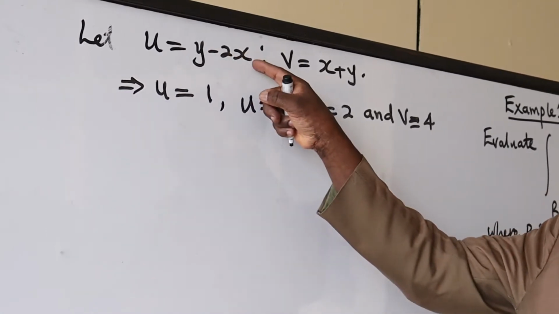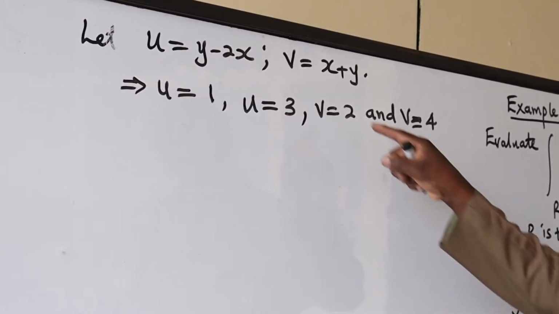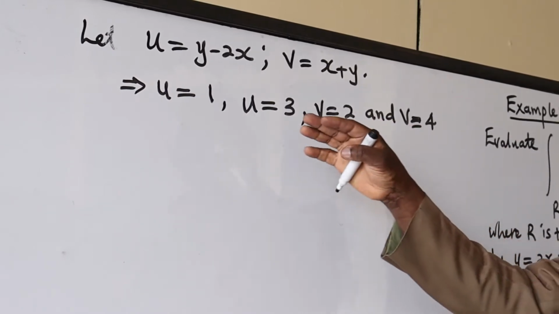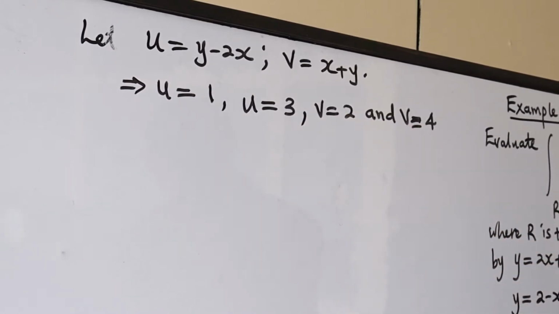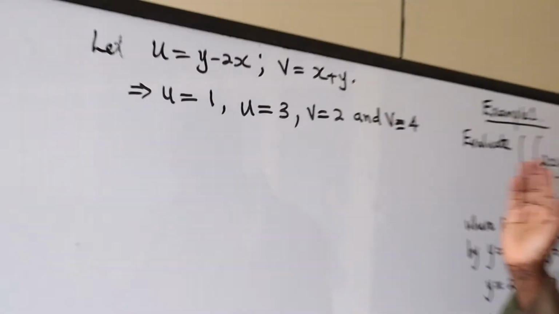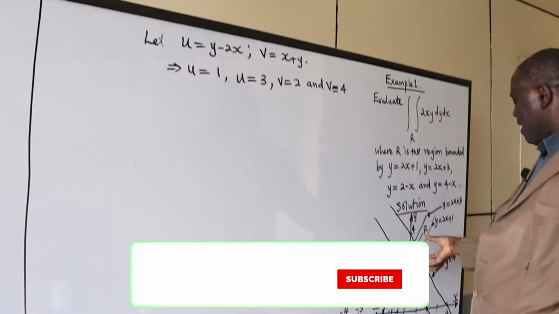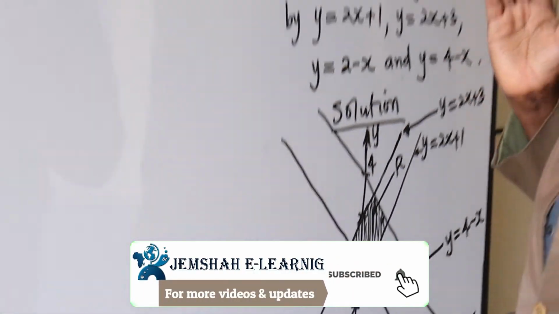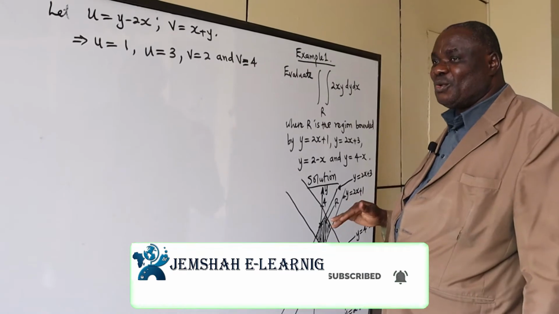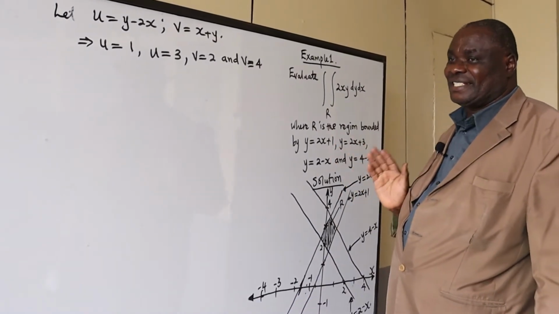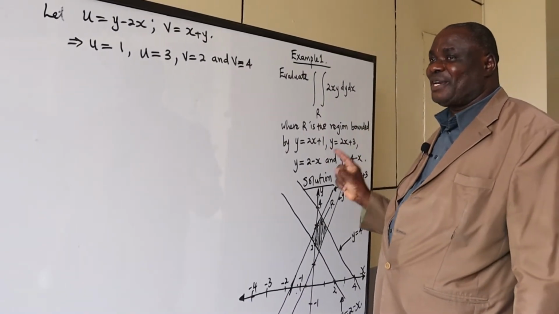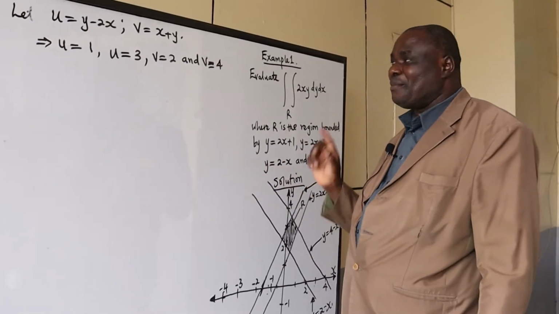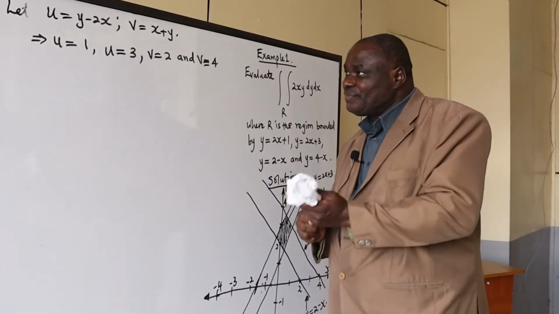So from here we have known our region, and you can see now the u and v are having constant values. So getting limits from that, this region will be transformed to a rectangle which is parallel to the u and v axes, from which taking out limits becomes simpler.